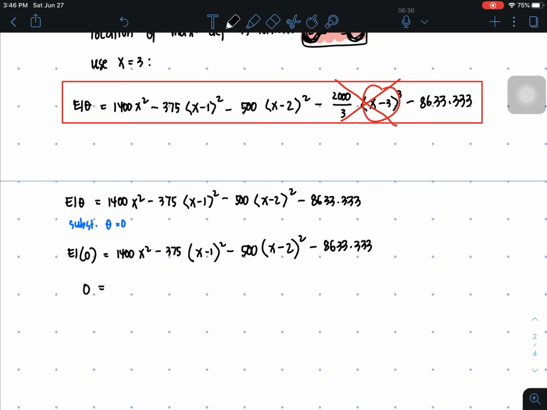So this is 0 equal to 1400 x squared minus 375 times x squared minus 2x plus 1, then minus 500 times x squared minus 4x plus 4, minus 8633.333.